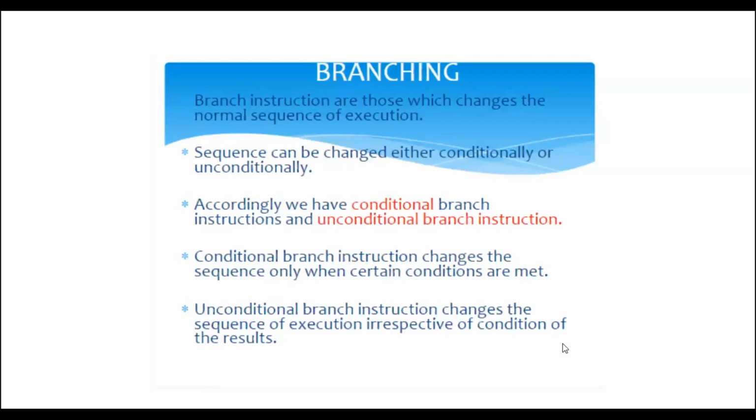Jump instructions are of two types: unconditional jump instructions and conditional jump instructions. The conditional jump instructions transfer the program sequence to the described memory address only if the condition is satisfied.